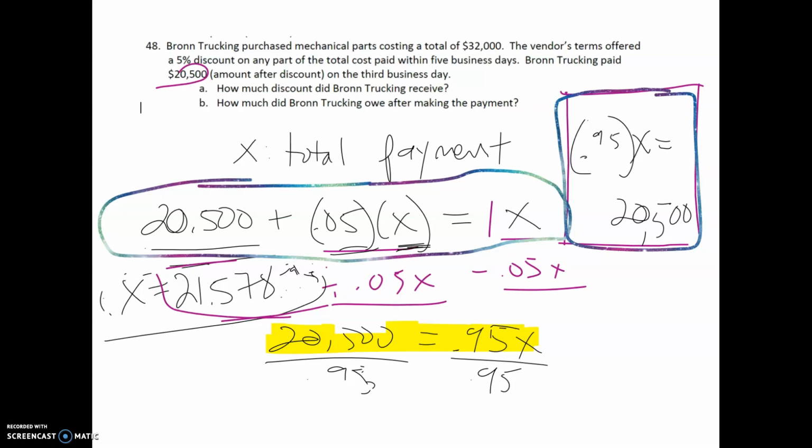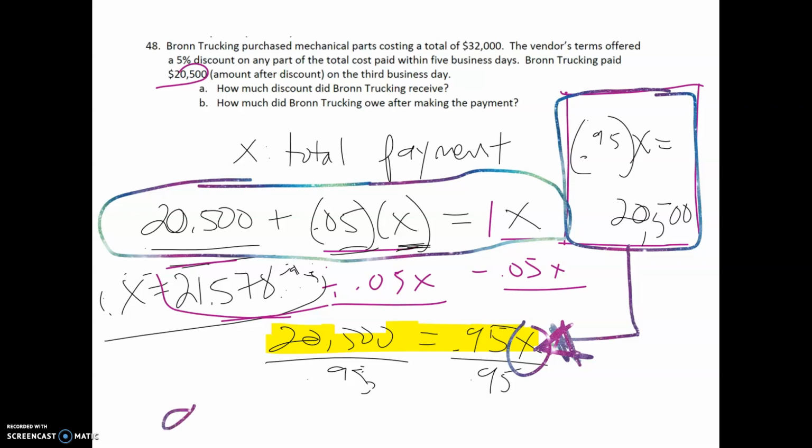So 0.95x is what I paid, which is equal to 20,500. If you think of it like that, you can get to this highlighted equation, which we got to after an extra step. You can get there a little bit quicker. And then I'm letting X be the total payment, which isn't any of the questions. Question A says, what's the discount?